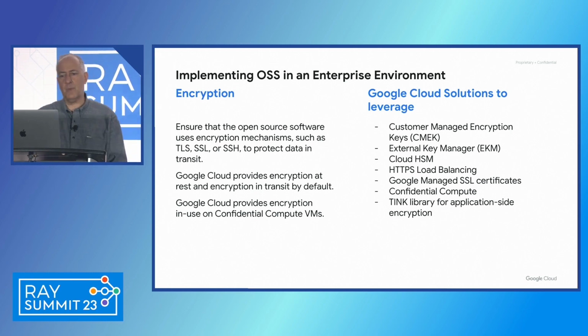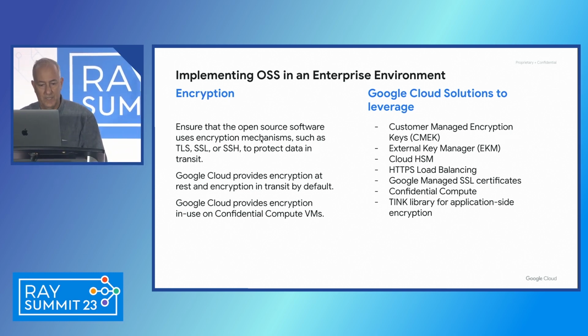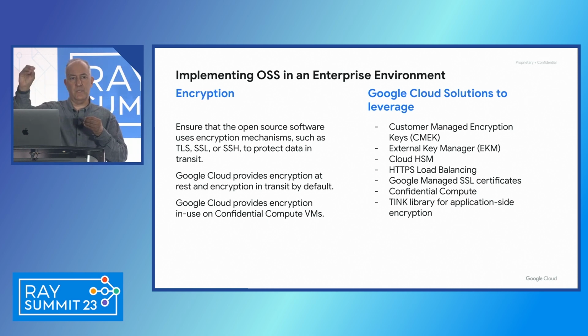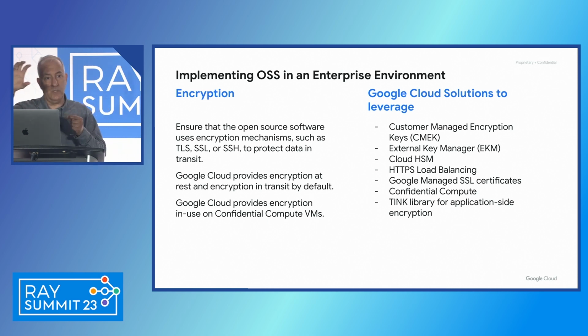The second thing is around encryption. We need to ensure that the open source software's encryption mechanisms, like SSL, SSH, and TLS, are protecting our data in transit. Google Cloud itself provides encryption at rest and encryption in transit by default, but you need to make sure that when you're actually spinning up these clusters, those target clusters have these encryption mechanisms enabled.